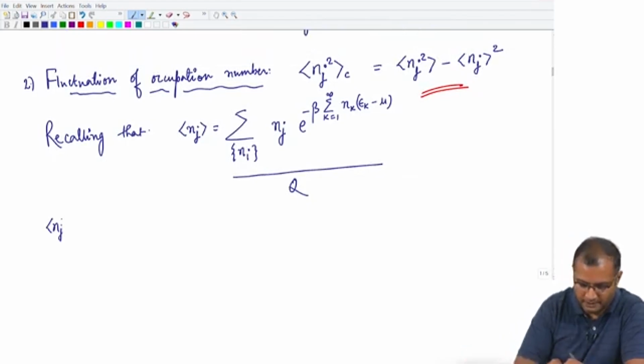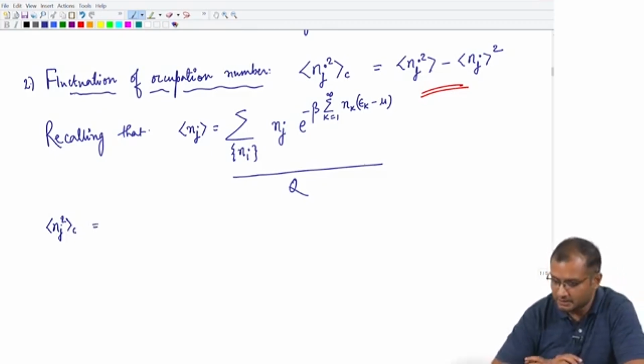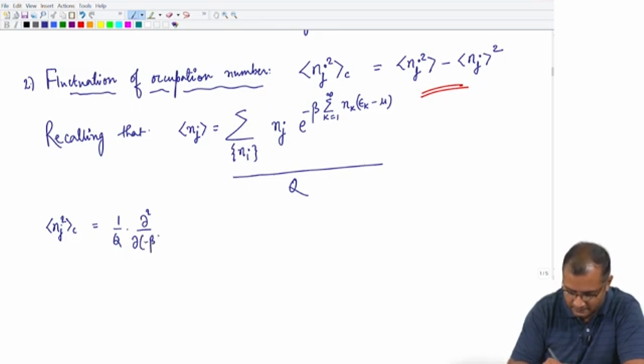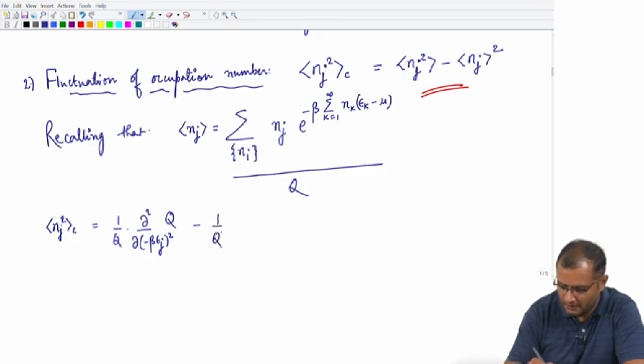Let me write down the left hand side first, and so the second moment is now very easily seen as 1 over q, the second derivative with respect to the jth level of my partition function, minus the square of the first moment, which is basically the first derivative.